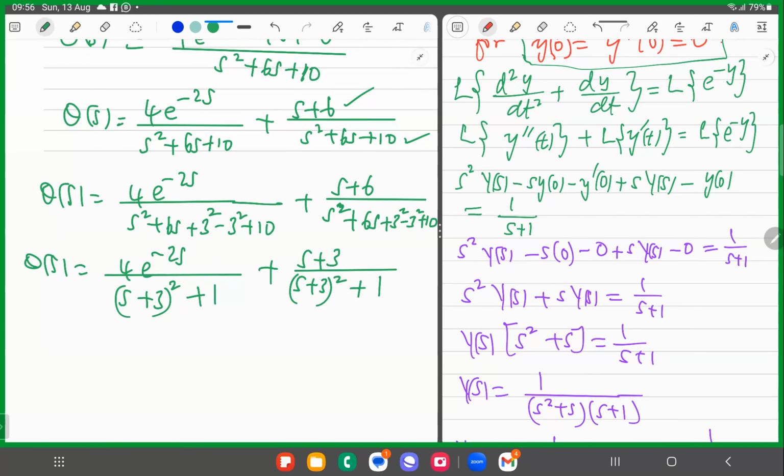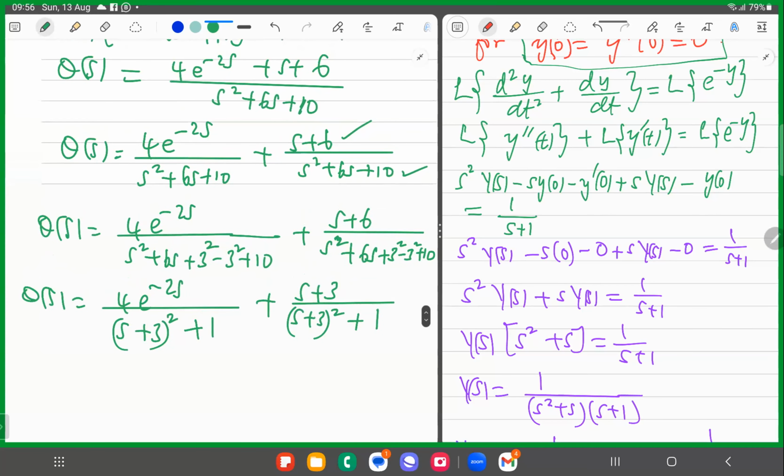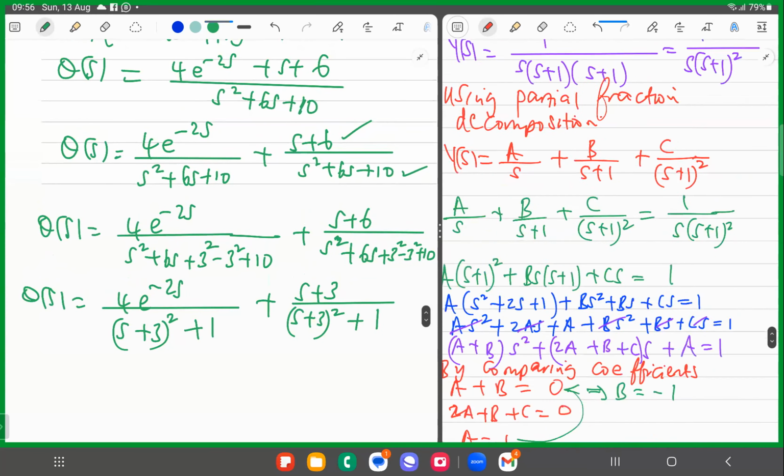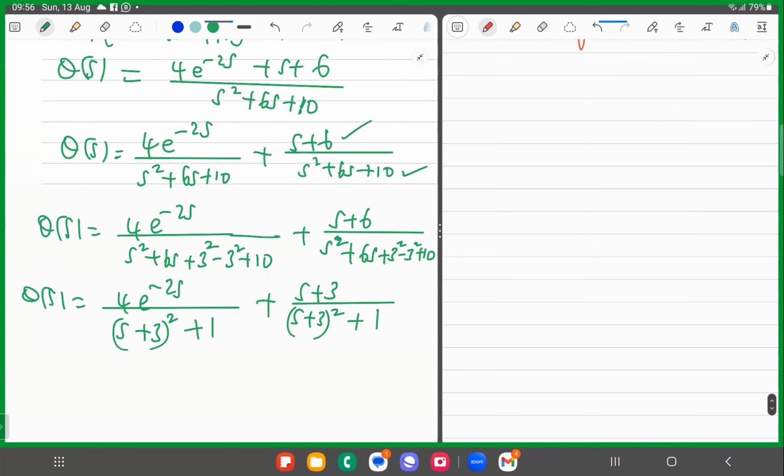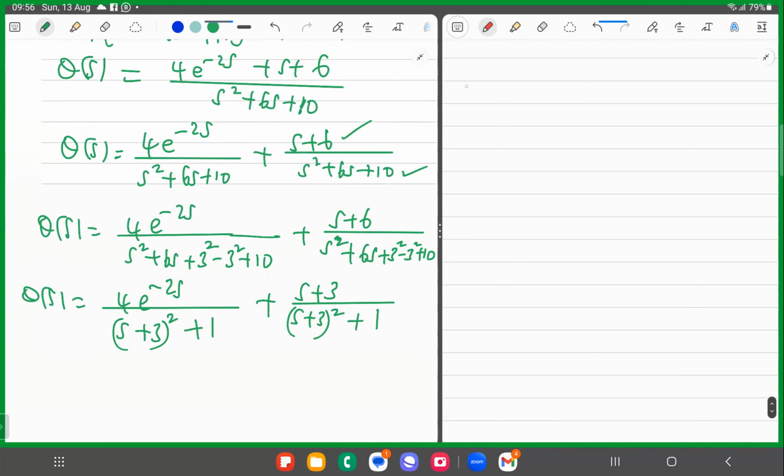Okay, now you refer to the table again. If it is s plus 3 plus 1, what is this? Okay. We can write it this side, so you'd have theta of s is 4e to the minus 2s, all divided by s plus 3. Okay, I'm going to bring the table now.